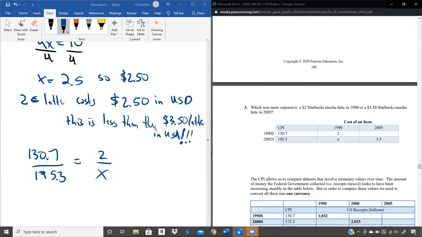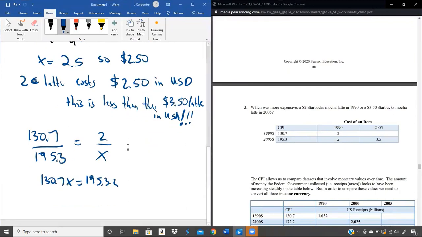I could go 130.7 over 2 equals 195.3 over X. I could go 2 over X equals 130 over 195. There's 8, arguably 16 ways to set this up correctly, but there's also ways to set it up incorrectly. I can't go 130.7 over X equals 2 over 195.3, for instance. Cross multiply, you'll get 130.7 times X is equal to 195.3 times 2.